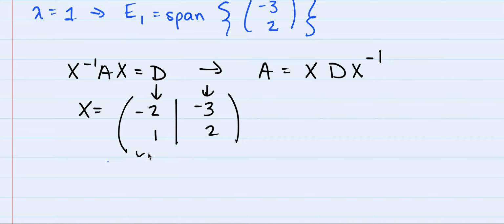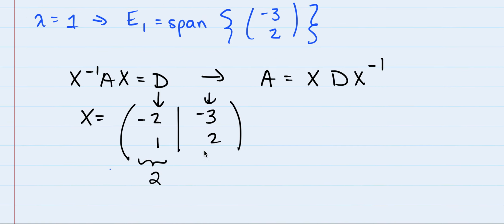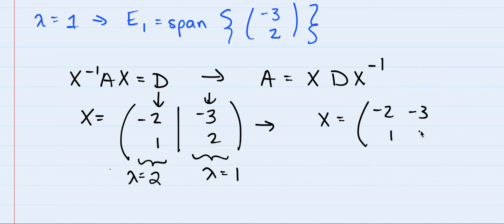So this one corresponds to lambda is equal to 2, and this one corresponds to lambda is equal to 1. So we get that X is equal to the matrix -2, -3, 1, 2.